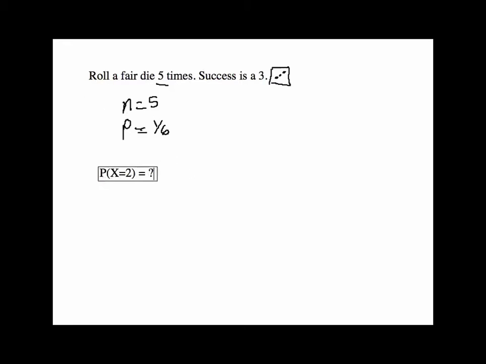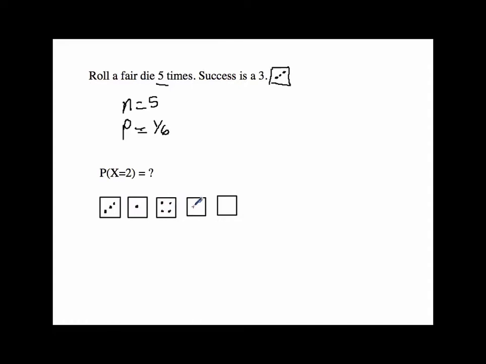What I want to know is the probability of, I rolled it 5 times, right? So we'll make it 5 little squares here to make my 5 dice, okay? There's my 5th die. Okay, so what I'm looking for is a situation where x is exactly 2.